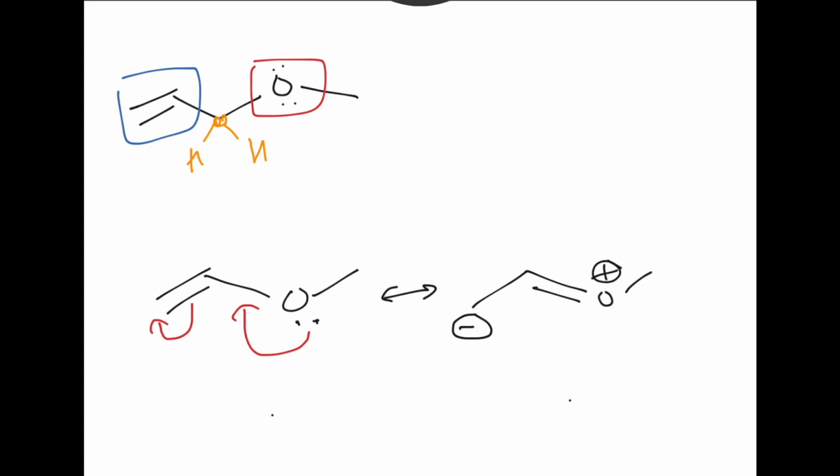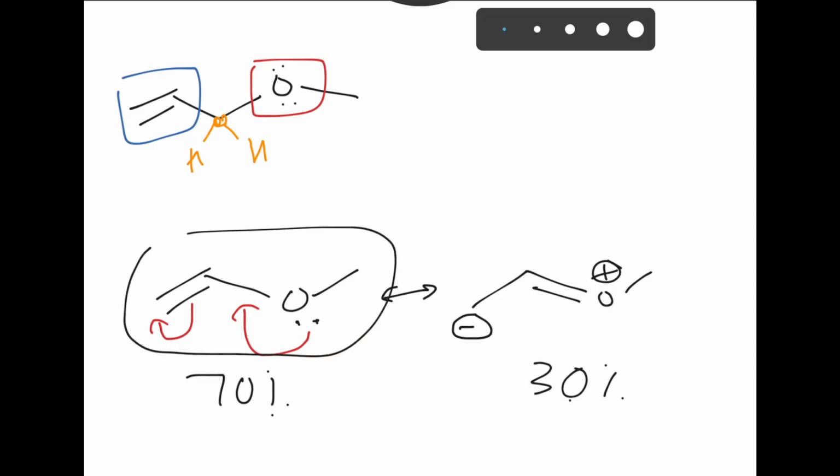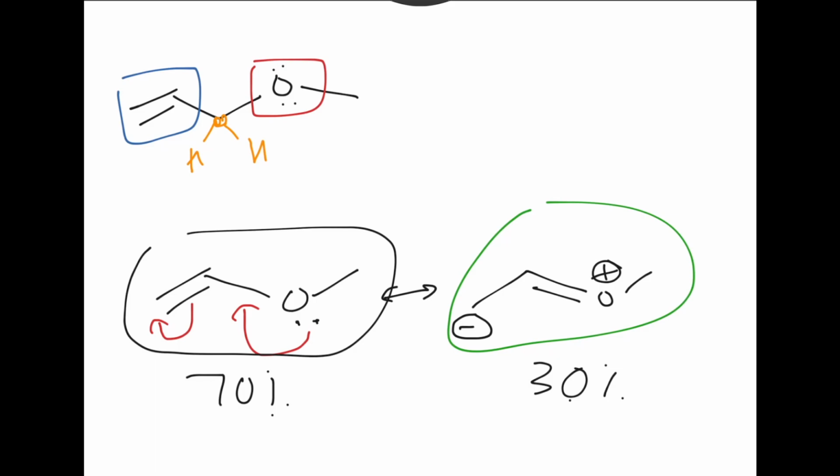So maybe the molecule acts 70% like this and 30% like this, right? These aren't real numbers. Don't take me to the chemistry police and be like, yo, he gave us these numbers. Okay? But the point is, it acts most like this, but it has character like this where it has a carbon that is negative, right?